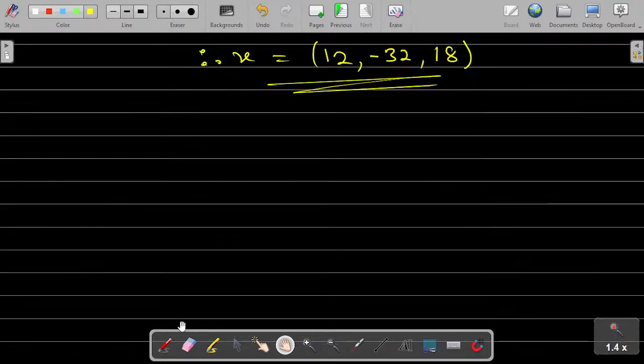For question 2, we have: complete this in terms of linear combination.